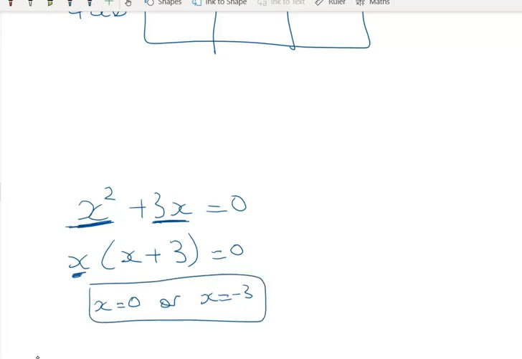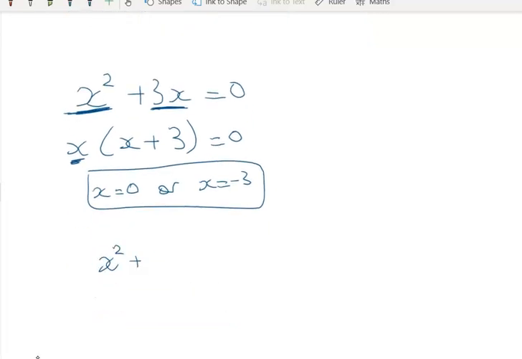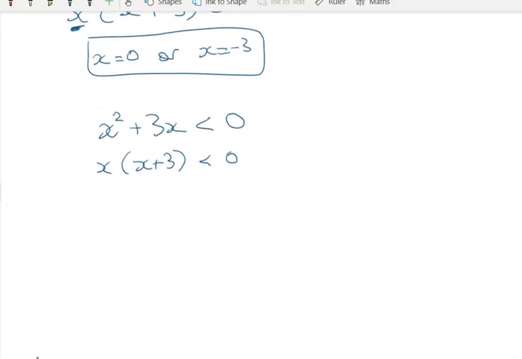So far, so good. So what this question is asking instead is, let's have all of the values when we get x squared plus 3x is negative. So we still want to factorise. And we can do this on a number line, but I actually think it's a harder way to go.